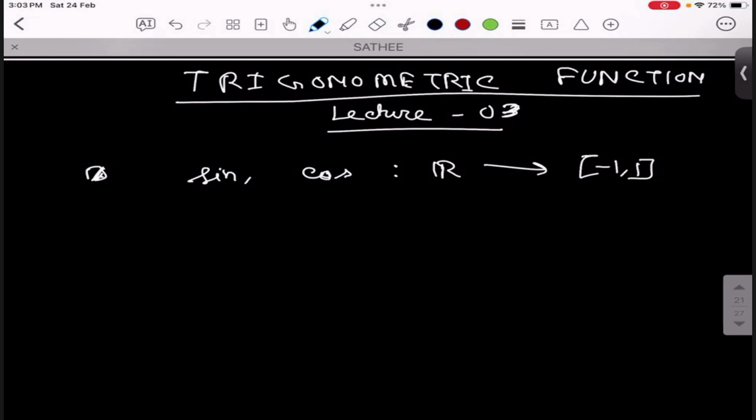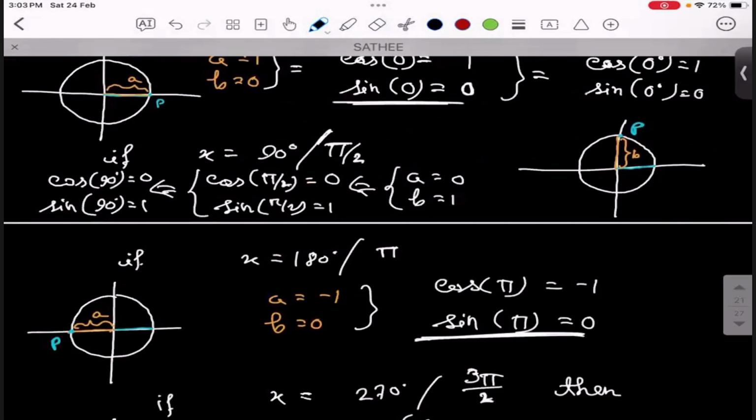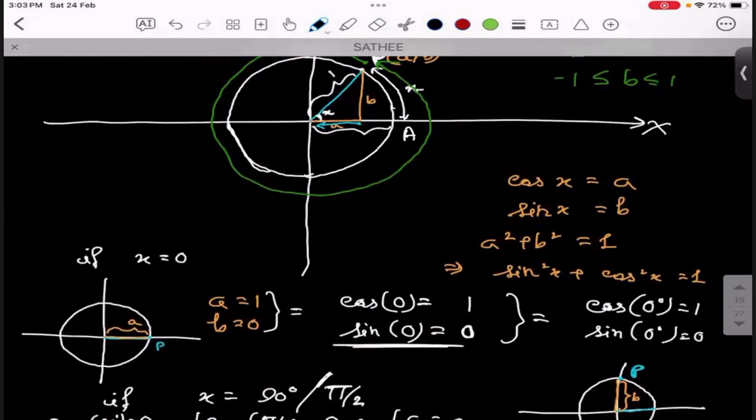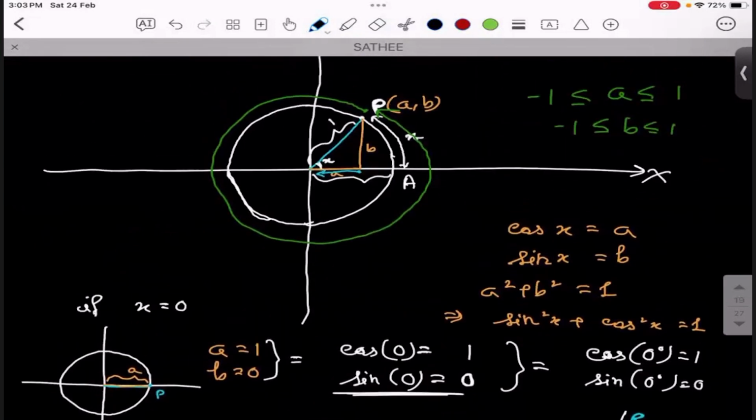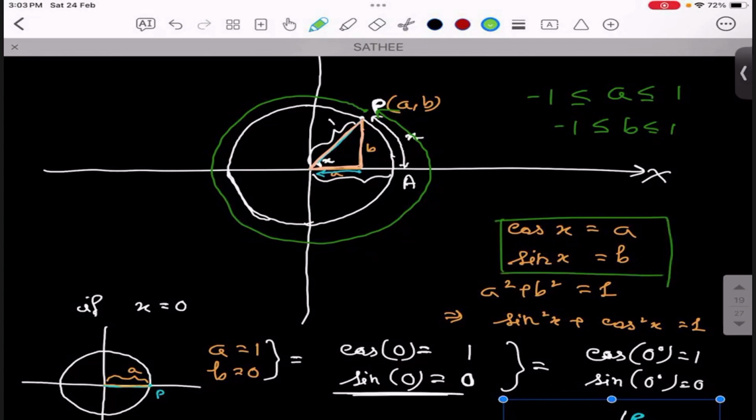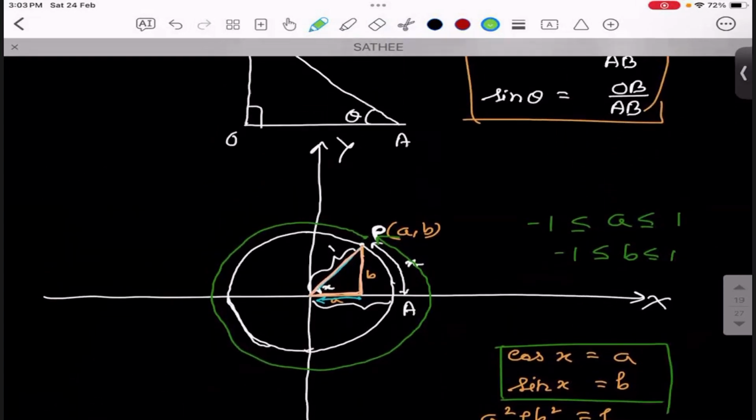Now, why -1 to 1? Because of what we discussed in the earlier class, about the angle and the triangle from here. This red one I'm drawing in this particular portion, A and B correspond like this: cos x equals A and sin x equals B. And how we find that, we have already discussed from here.